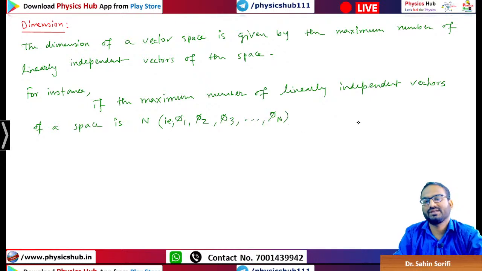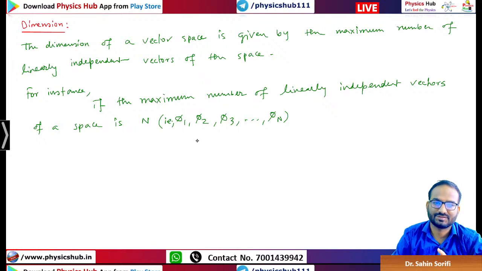So these are all linearly independent vectors. If we consider, then you can say that the space is n dimensional.